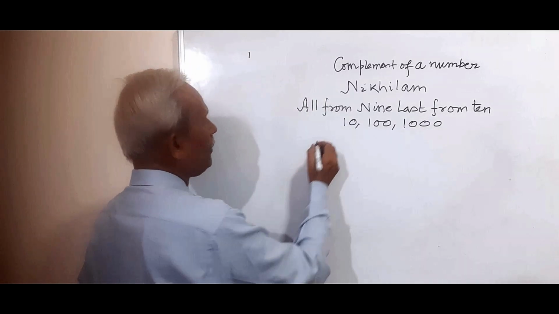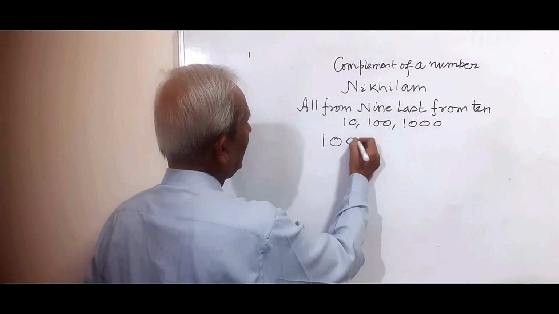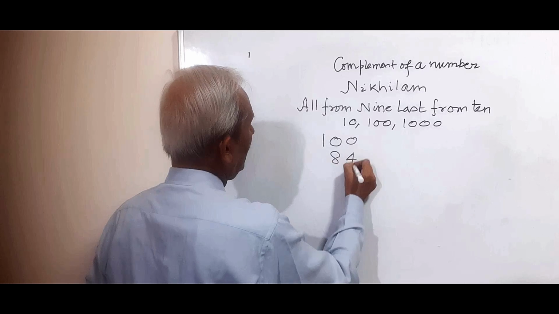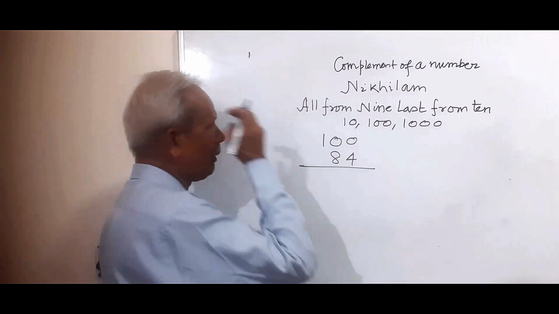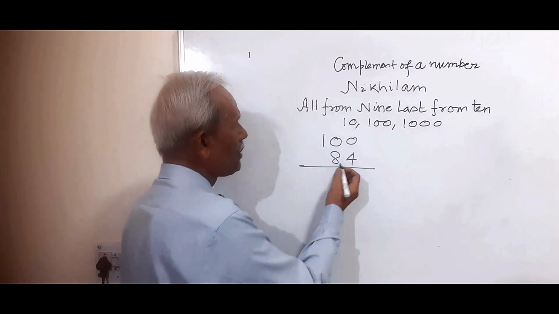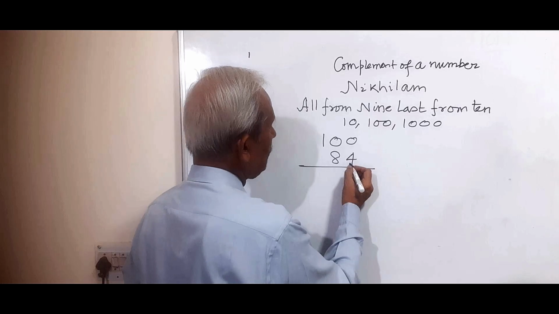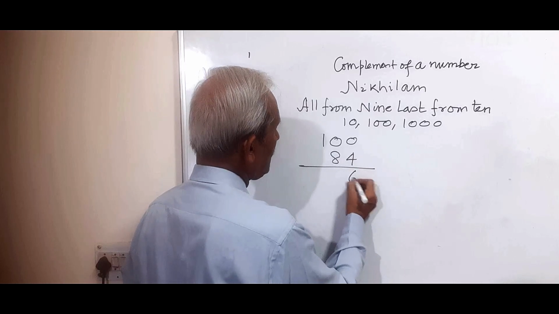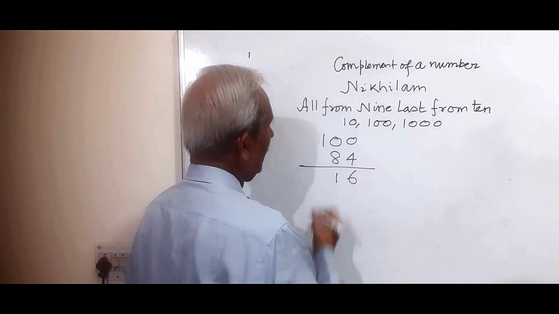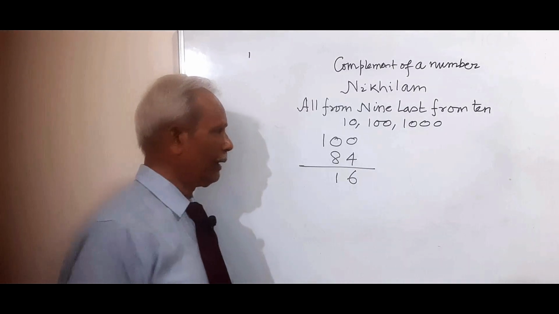So if I ask you to find out the difference of 100 with 84, you are not to do that actual, traditional method of subtraction. You will straight away write 10 minus 4, all from 9 last from 10. 10 minus 4 is 6, 9 minus 8 is 1, and 16 is the subtraction, right?